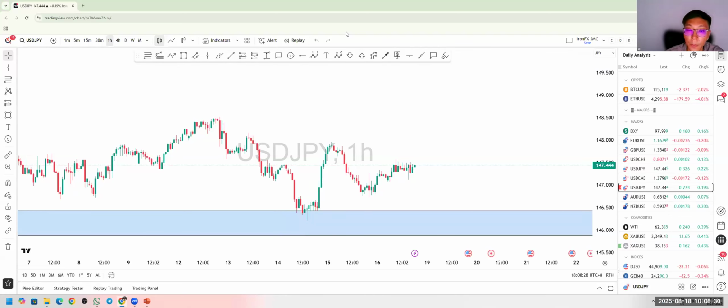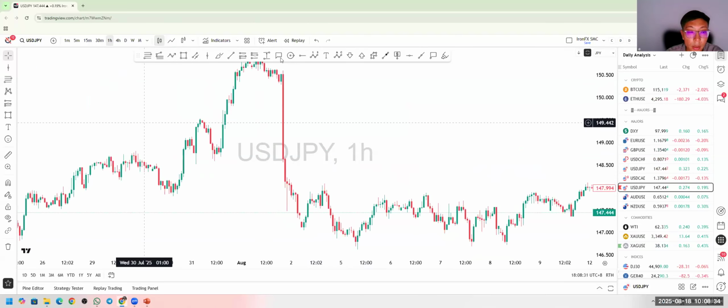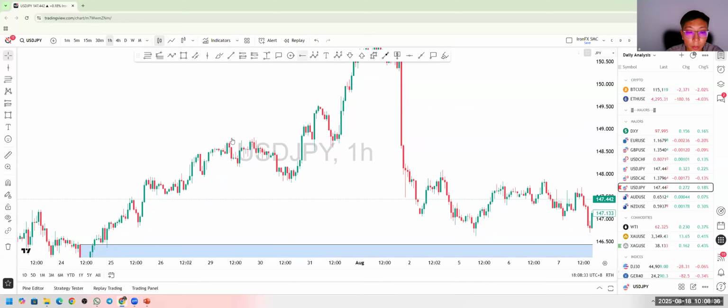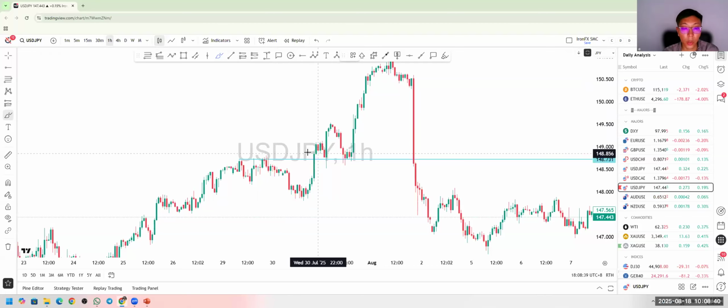Yes, no worries. You can see some very simple things. Let's say if you were to enter here, you already saw that price broke past. So very simple stuff: you are waiting for a retest into this fair value gap.